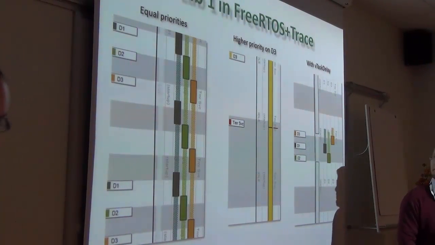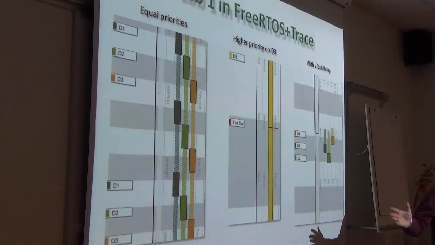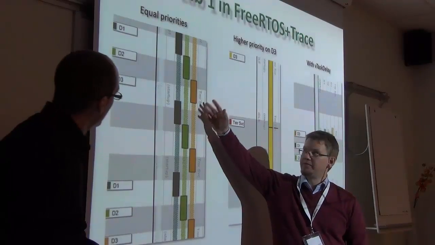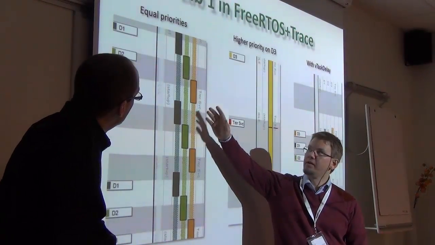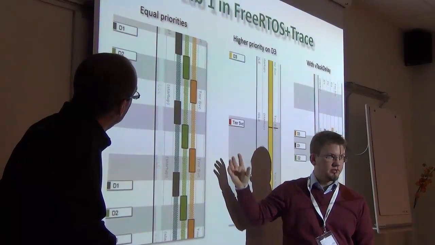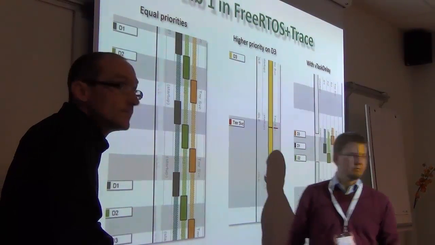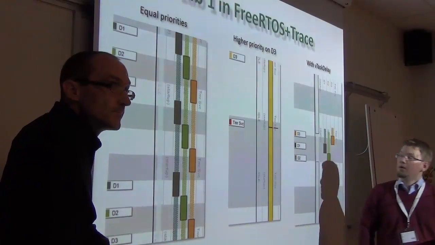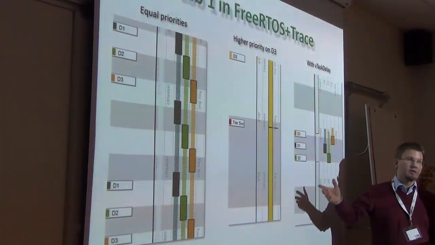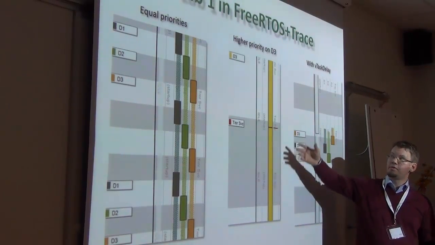Yes, so in the first case, where we have equal priorities, the scheduler will basically time slice tasks, executing equal amounts of time in each task in a round-robin scheduling manner. In the second case, we have increased the priority of one of the tasks. In this case, it's D3.